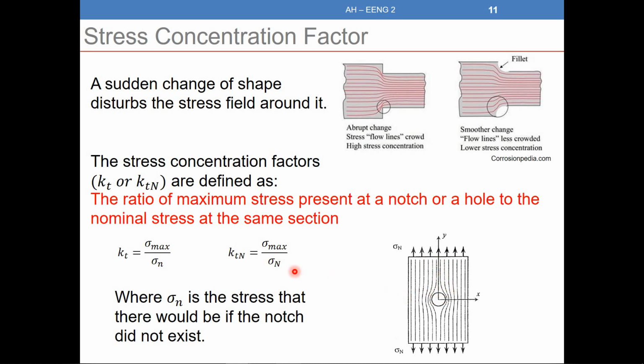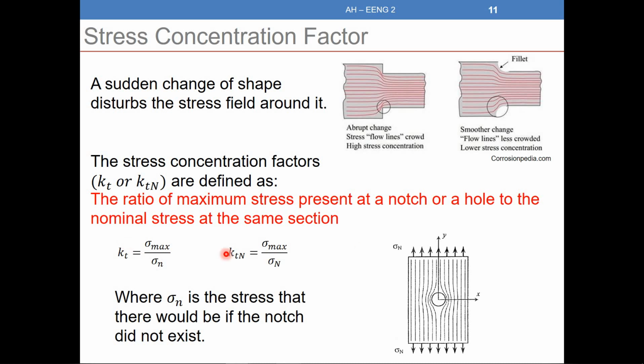That's the nominal stress. It's the stress that would have existed if I didn't have any hole in the plate, while sigma max here is the maximum stress that will exist in the plate when it has a hole or a notch inside. So the ratio between the maximum stress that the plate can have over the nominal stress, the stress the plate would have had if it didn't have any hole or any notch, is called the stress concentration factor.